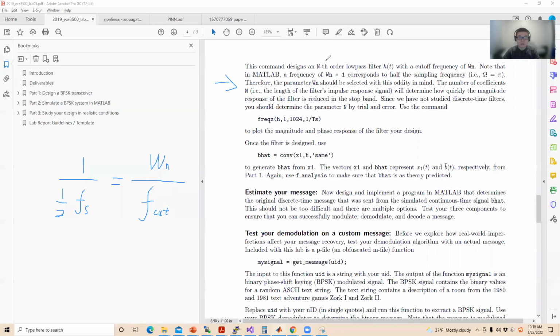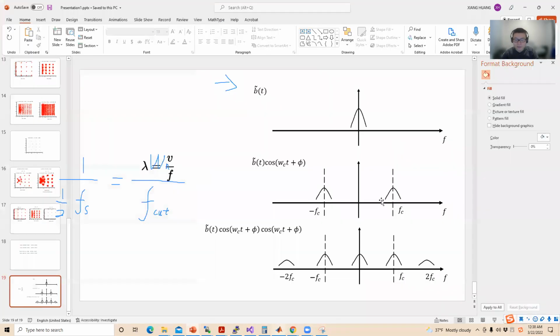So firstly, we should decide what cutoff frequency to choose.